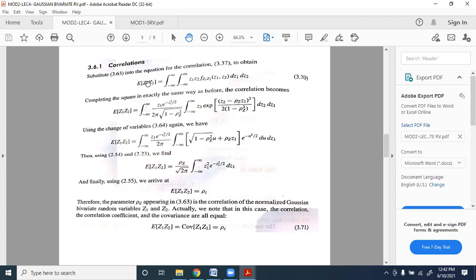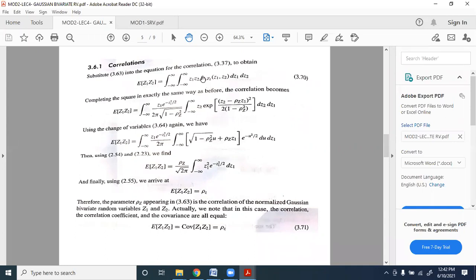If we take the expectation of a single variable, it will be the integral of Z1 f of z dz, but for two variables it will be the double integral of Z1 Z2 with the PDF, with respect to dZ1 dZ2.